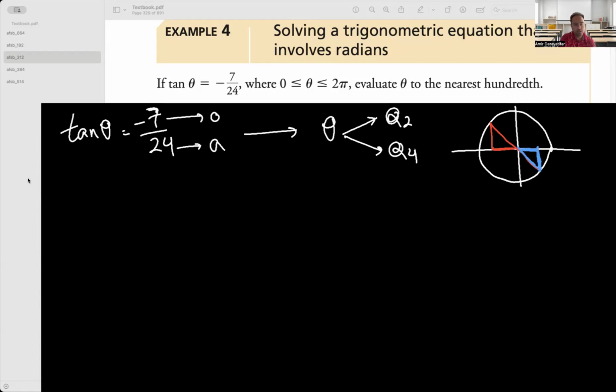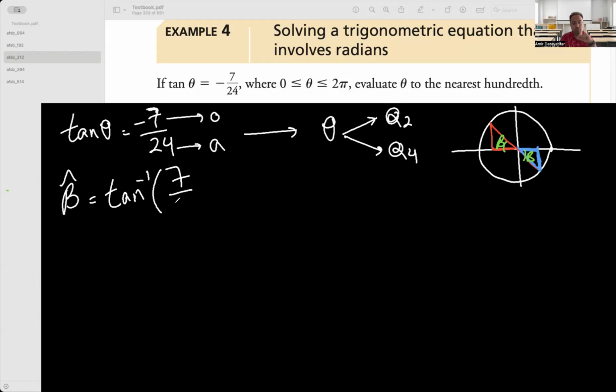Okay. They have a small angle, which I call beta here, with the x-axis. Always you go with the x-axis, beta. But we're looking for theta, which is going to be from the origin. Okay. So how do we solve that? In order to solve for beta, you can use tan inverse. When you're doing tan inverse, listen carefully. You're going to put the absolute value of the given number.